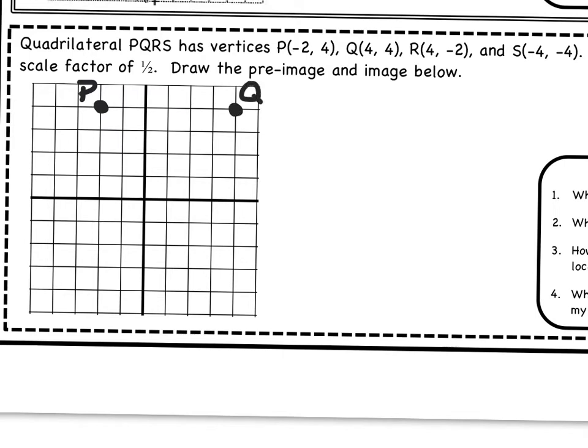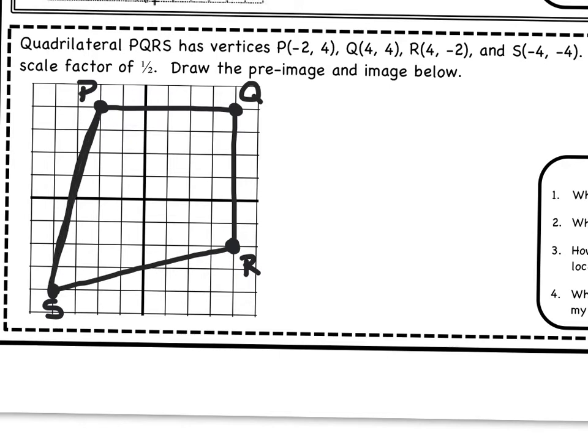R is at 4, -2. And S is at -1, 2, 3, 4, -1, 2, 3, 4. And I know my lines are not perfect on here. I'm getting them as good as I can.